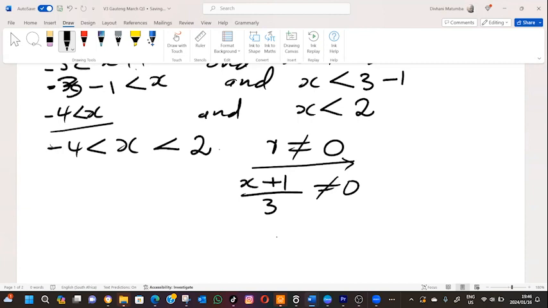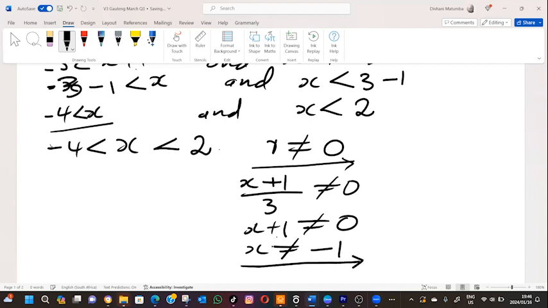So to solve this equation, x plus 1, if we divide by 3 all sides, it can never be 0. Therefore, x can never be, if we take 1 to the other side, it can never be -1. It can never be -1.